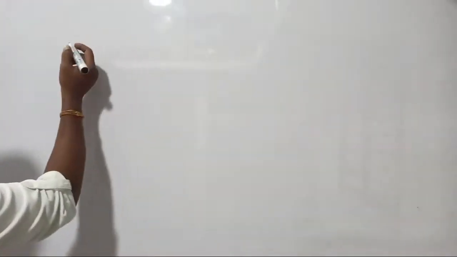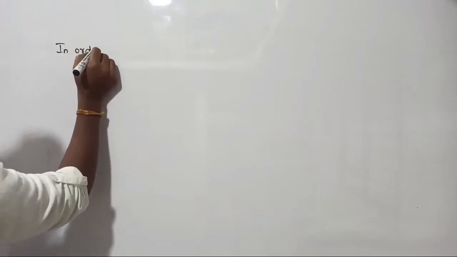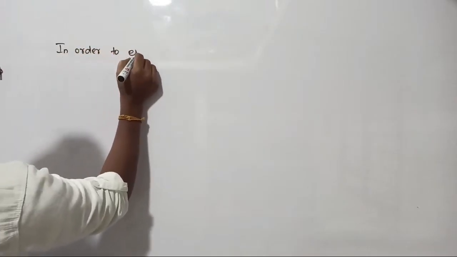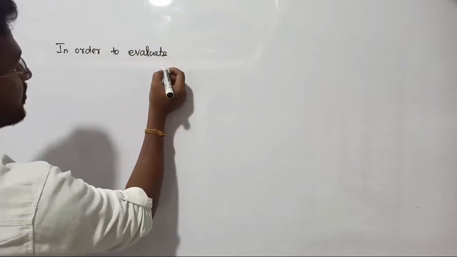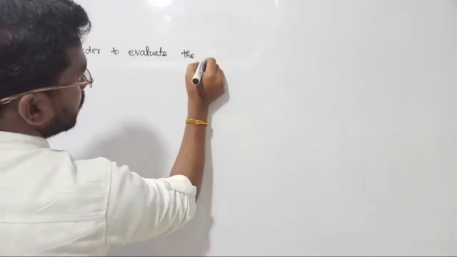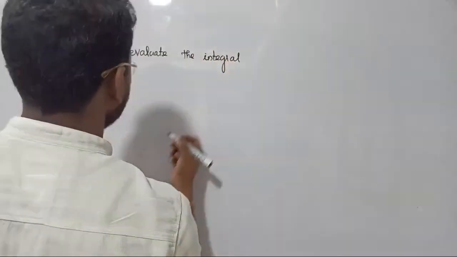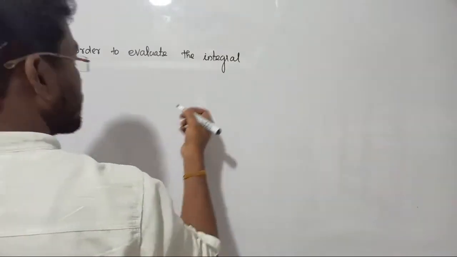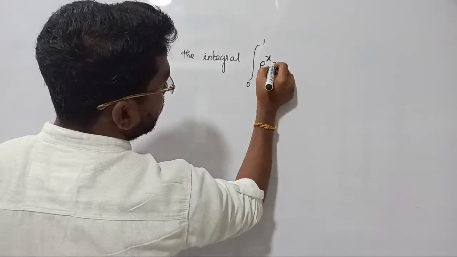In order to evaluate the integral, right? Next question, let me write down. In order to evaluate the integral, and the function is given as, we are traveling from 0 to 1 with e power x into dx.